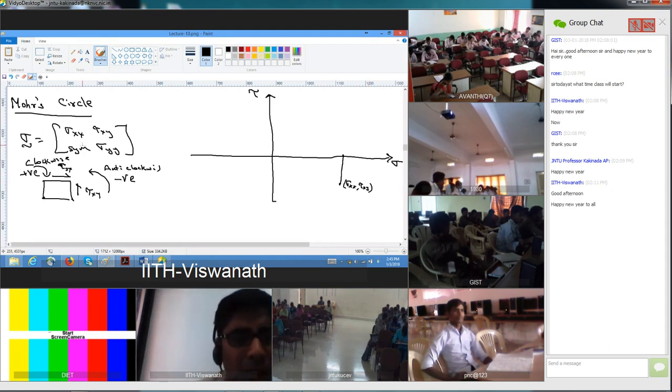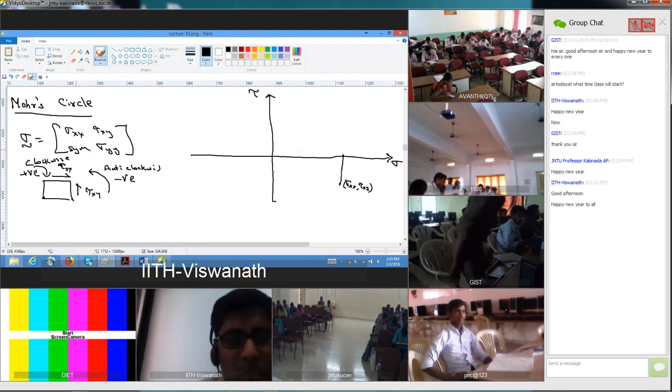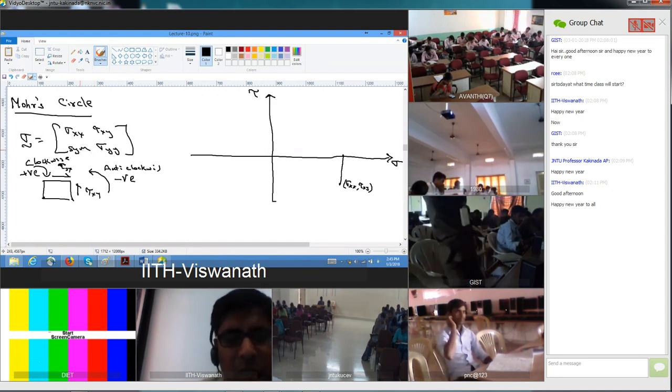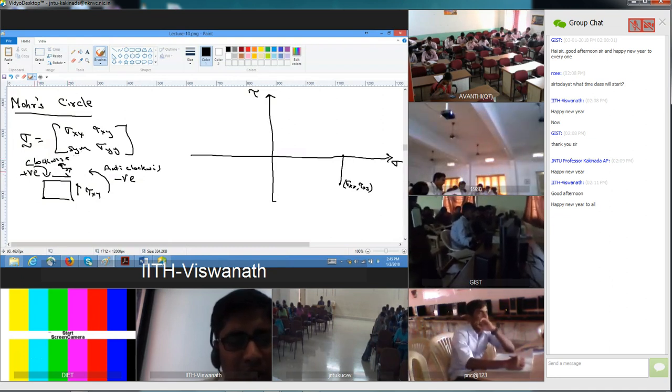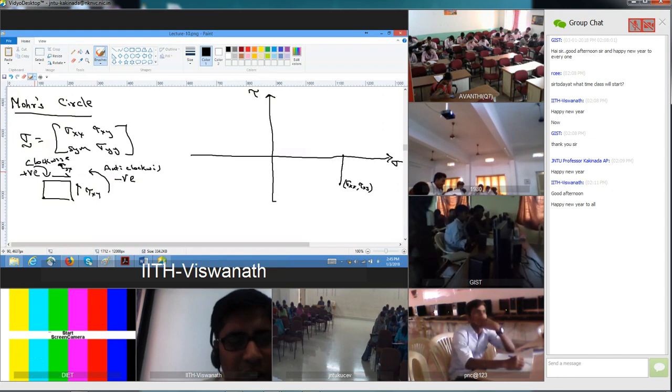Now similarly plot this point. In this point, this is tau yx, which is the same as that, but even though the values may be the same, this one is giving a clockwise moment. So it has to be on the positive shear stress. Now let us say your sigma yy is some value, these are just symbolic.